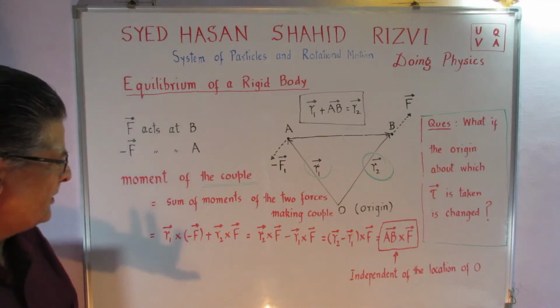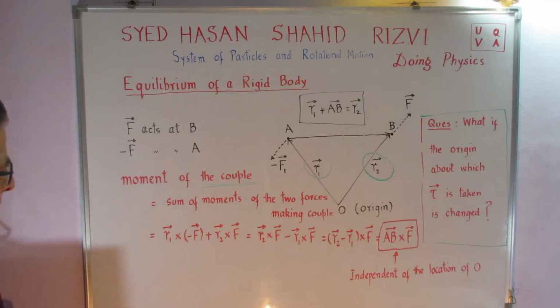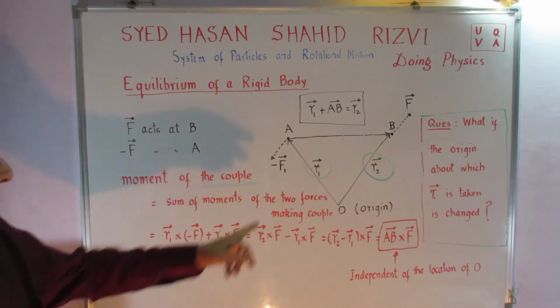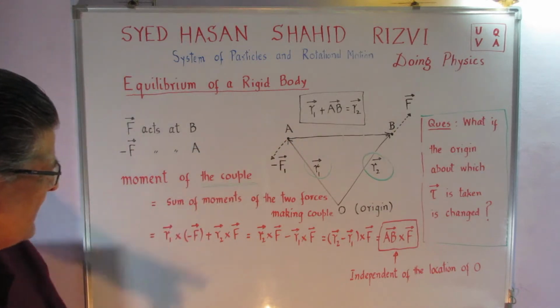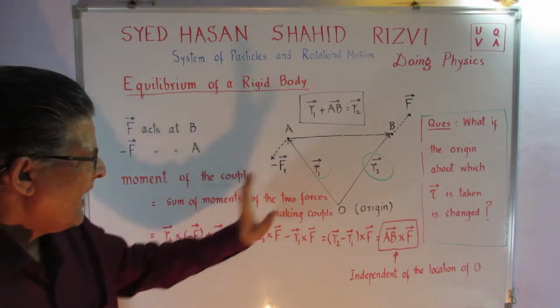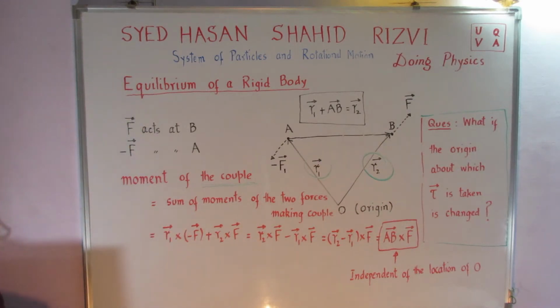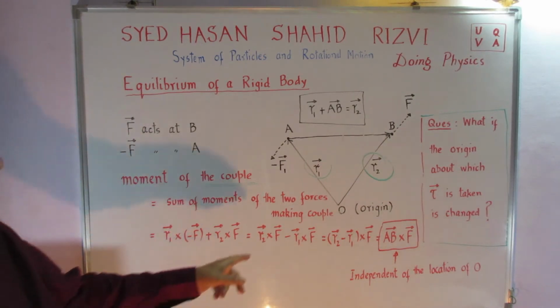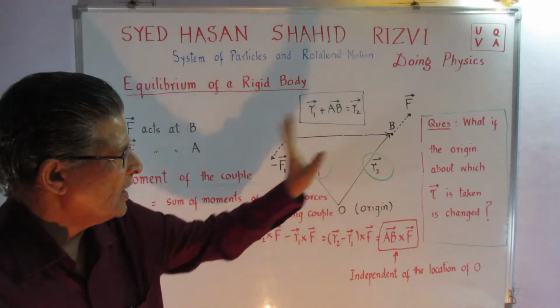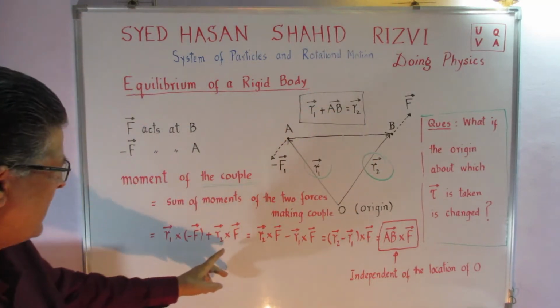And so I can write for the first one, R1 cross minus F plus R2 cross F.